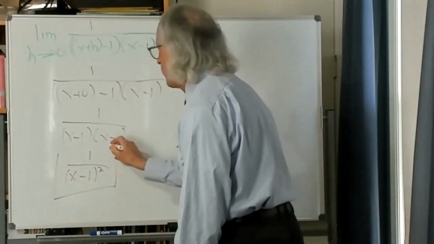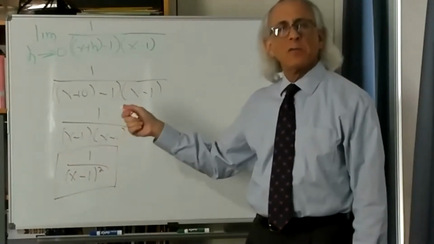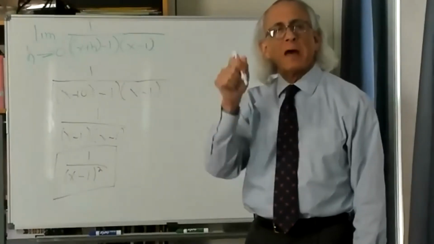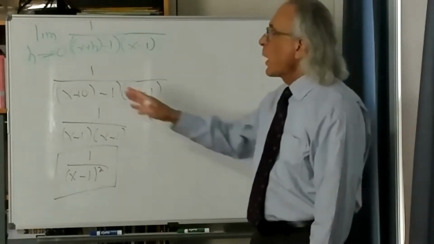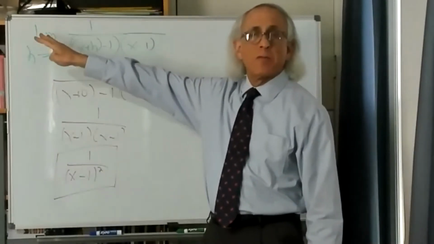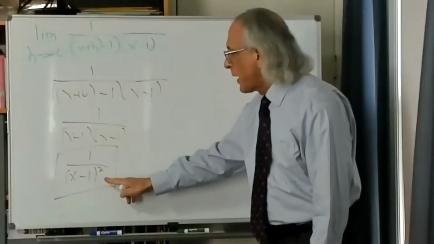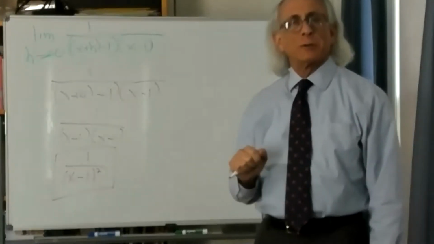This is the formula to find the slope at any point on that function. That's why we were finding the limit. We were doing the limit so we could find the slope. This is the formula now to find the slope at any point on that function.